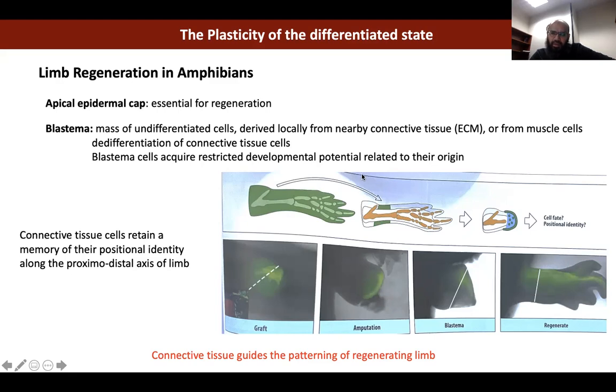Then they made a cut at this position into the muscle and into the limb, and followed what happens. What happened later on was that the cells that form the blastema were mainly muscle cells that had de-differentiated, and then they grew along, because the part that was regenerated turned green.